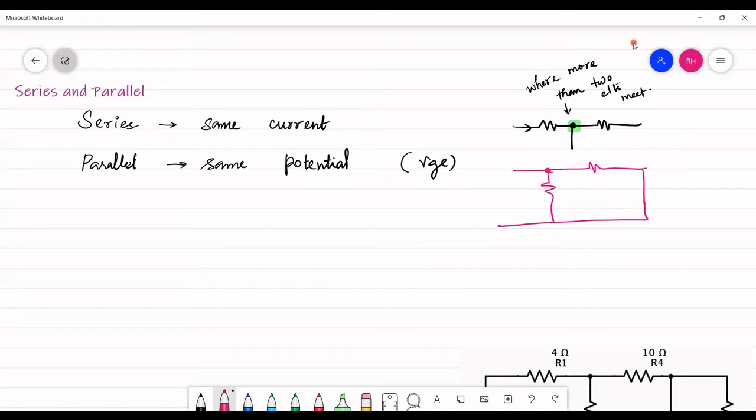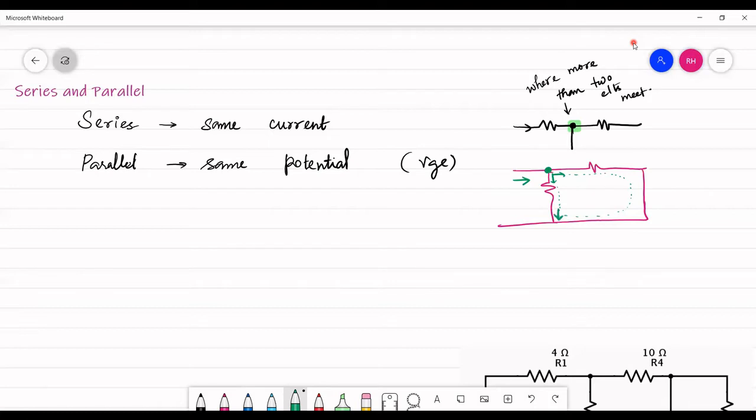If it is really hard for you to understand that, check with the value of current. A current is going here, and it is coming to this node. Whenever you have a node, it is going to split the value of current, right? One portion of current is going to flow through this resistor, the other portion through the other resistor.